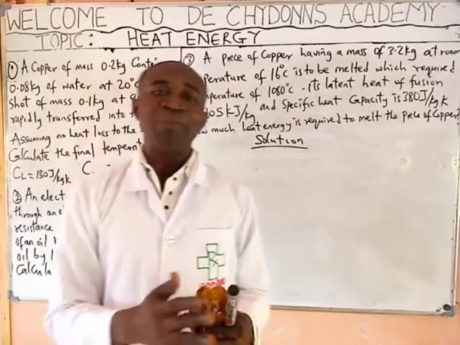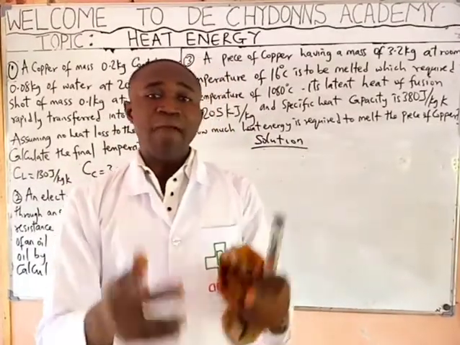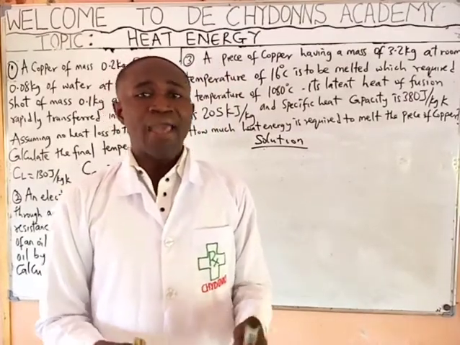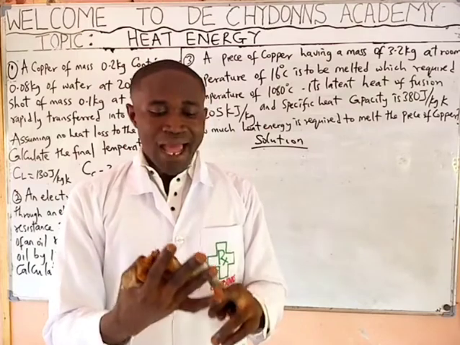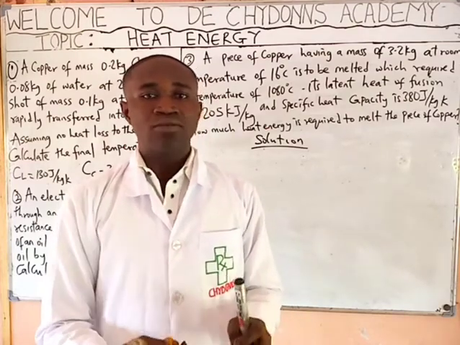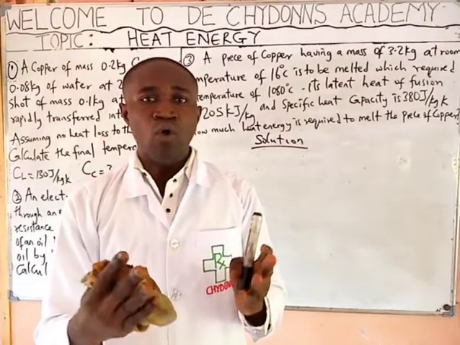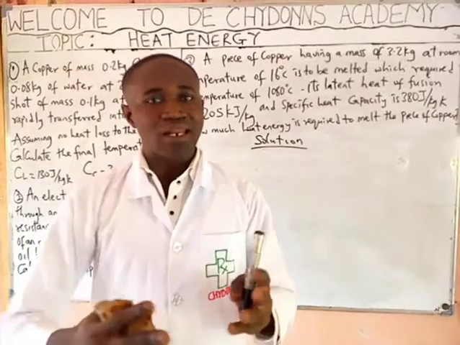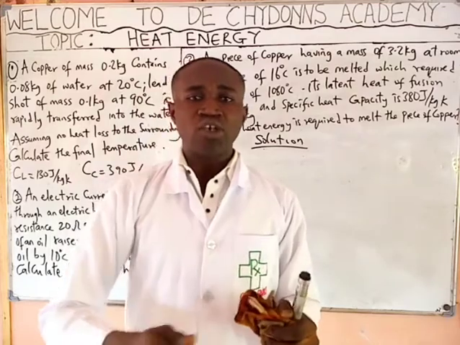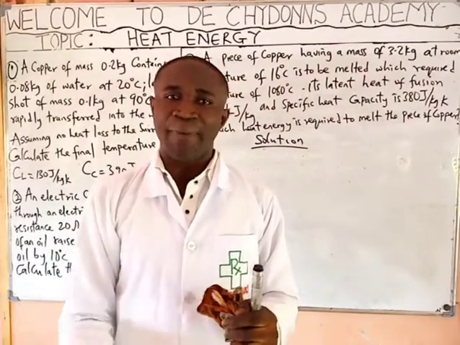You can supply heat by electrical method, by mechanical method, by continuous flow method, and so many other methods. So even if you use firewood or gas cooker, you are supplying heat. So these ways of supplying heat are also ways you can get the specific capacity.